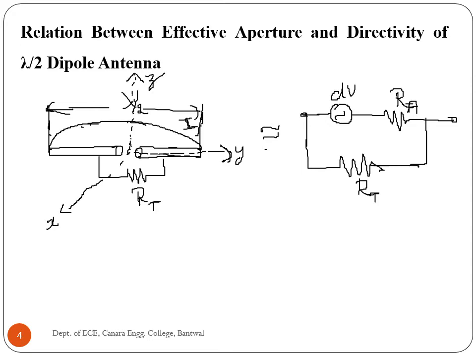A plane wave incident on the antenna is traveling in the negative x direction. The wave is linearly polarized with field E in the y direction. The equivalent circuit is shown here.